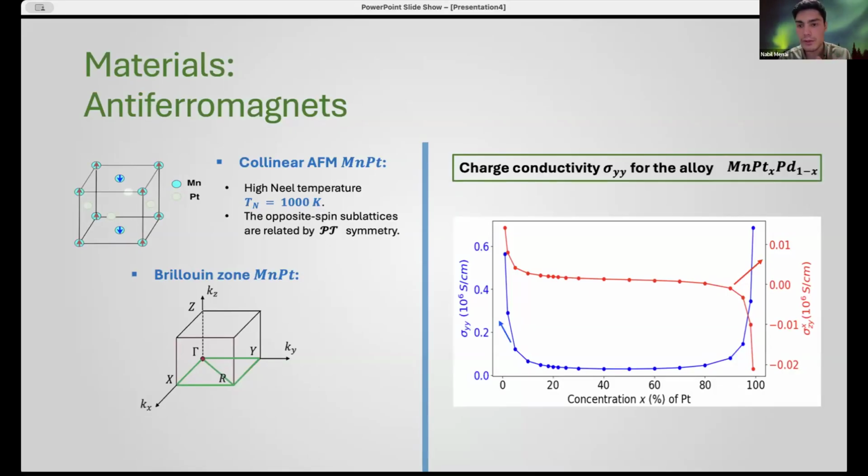The Néel temperature is 1000, so it's very high. Magnetization is famous for having this straight line in the beginning, then it drops. So this is an assumption. It might not be true, but it's a theoretical work.